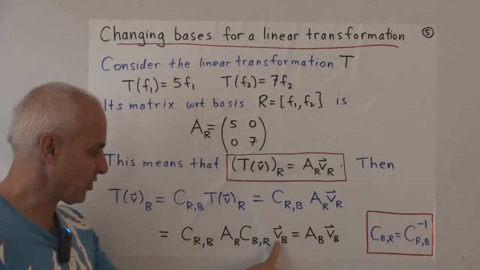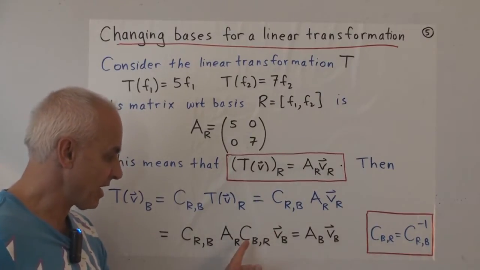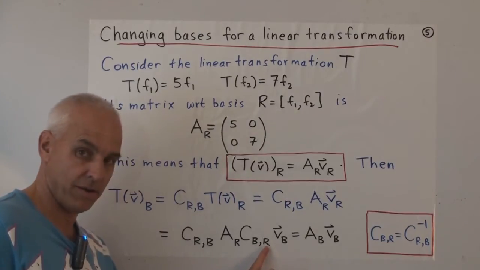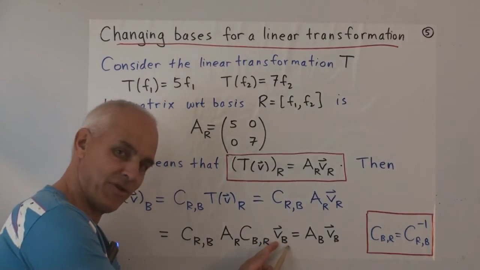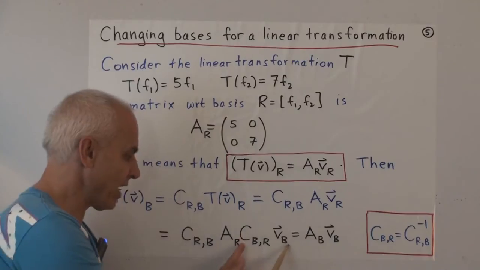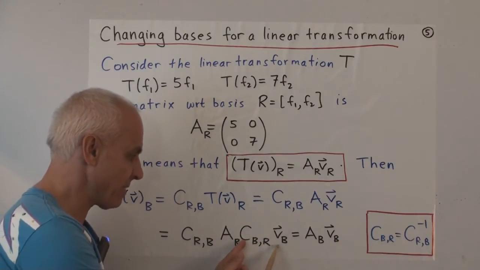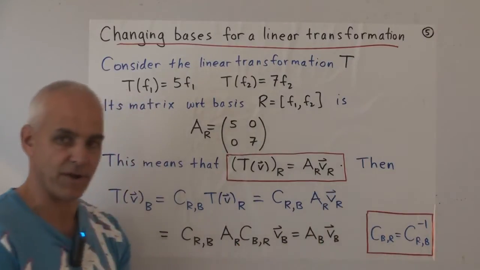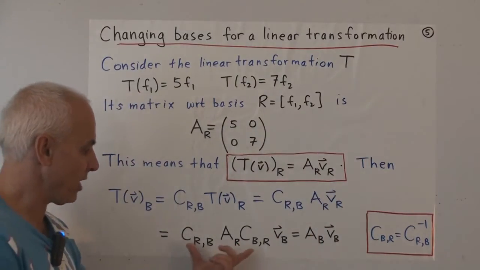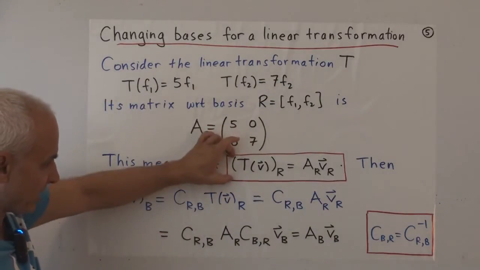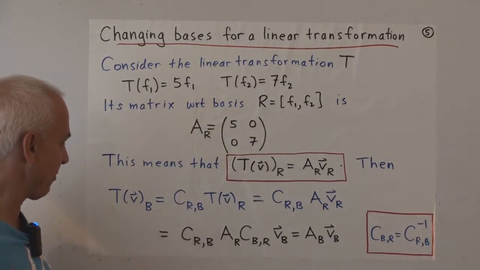This is the coordinate vector of V in Bob's system times the change of basis matrix C_BR, which converts Bob's coordinates to Rachel's coordinates. So take Bob's coordinates, multiply by this matrix, then you do get Rachel's coordinates. When we rewrite that as simply A_B, then we have something that looks exactly like this except with Bob's system.